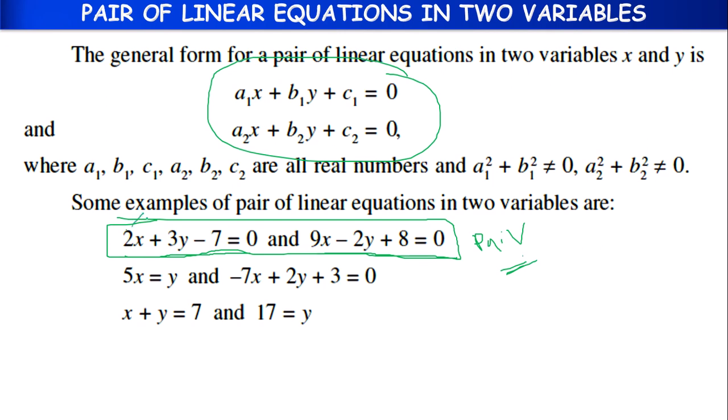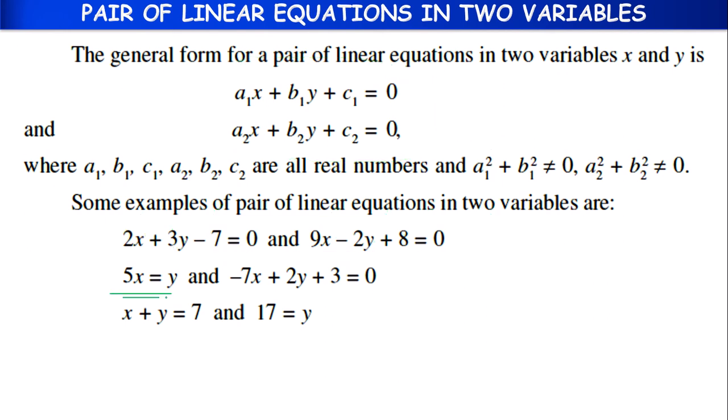Because they are in the form a1x plus b1y plus c1 equal to 0 and a2x plus b2y plus c2 equal to 0. A and B are not both zero, and their highest power is 1. So this is an example of a pair.